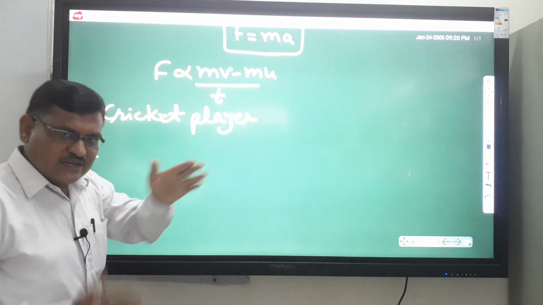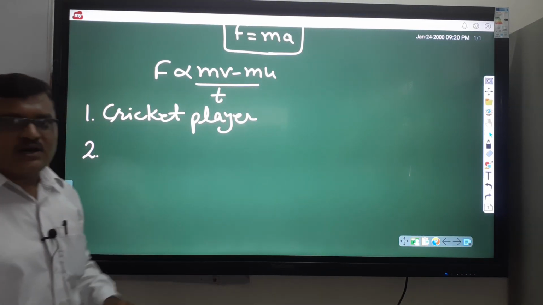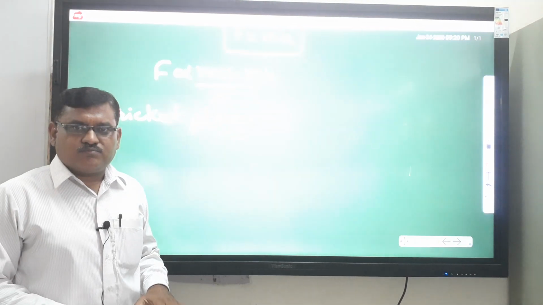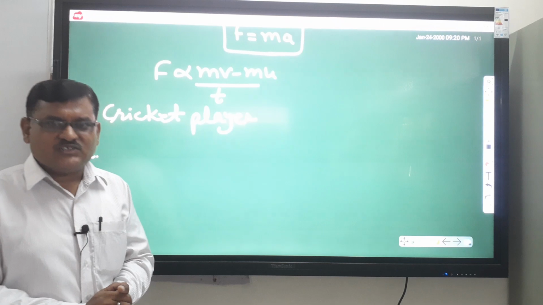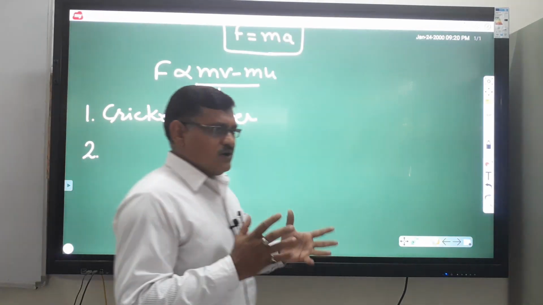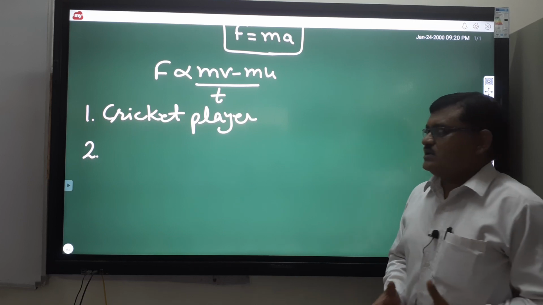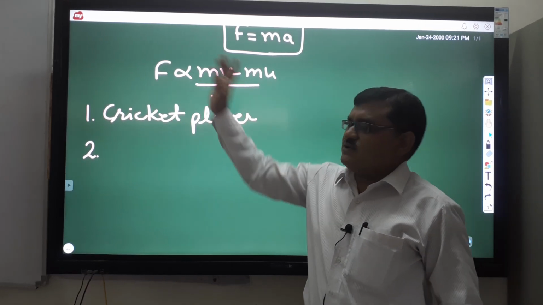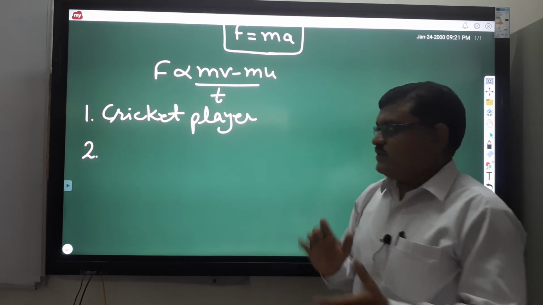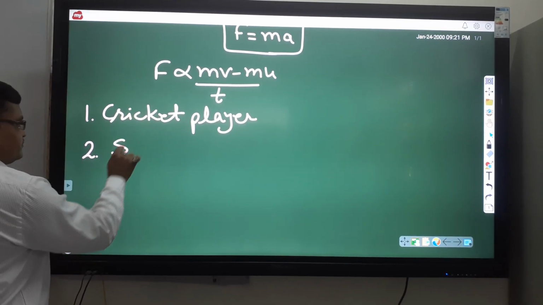If time of contact is increased, then the force applied by the platform of the vehicle would be very, very less, and we are not going to be injured. If a vehicle has a good number of very flexible shockers, they will increase the time of contact, and ultimately the force applied would be very, very less. So, you know the reason for shockers.